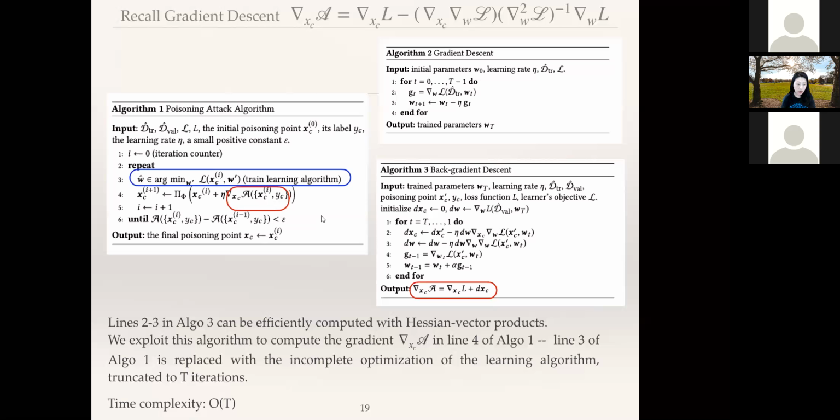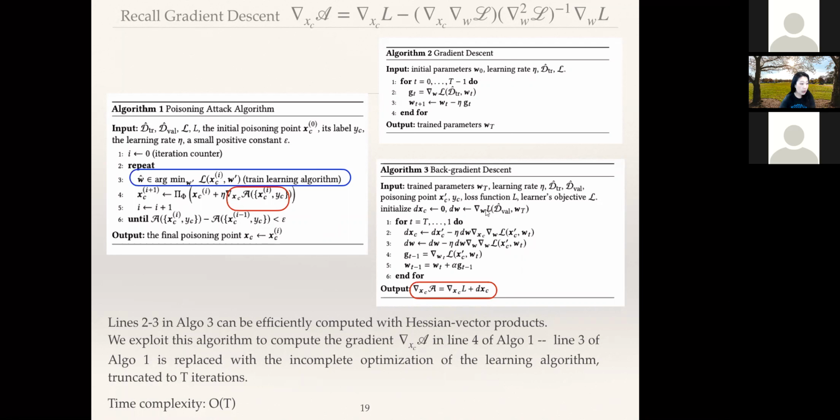Now the so-called smarter way of doing this is to save memory, so you don't store W1 through WT and then do backpropagation. Instead, you kind of reverse engineer it.